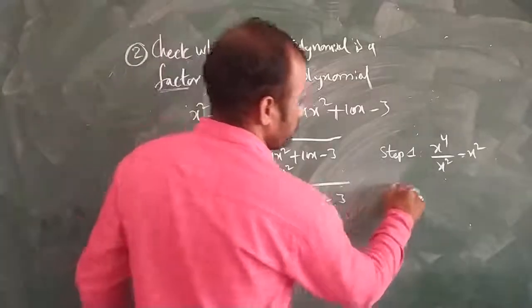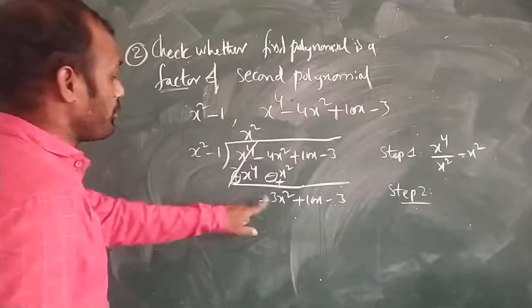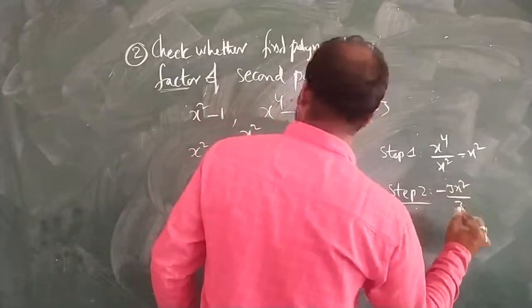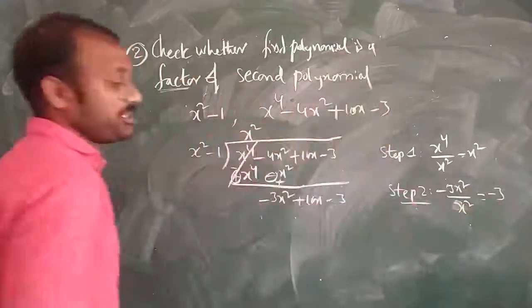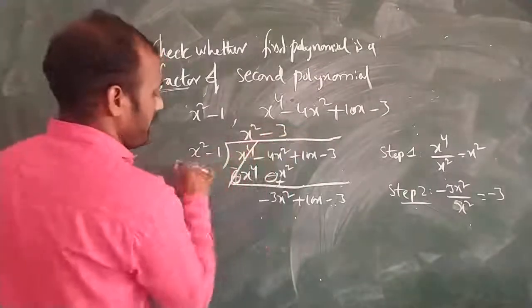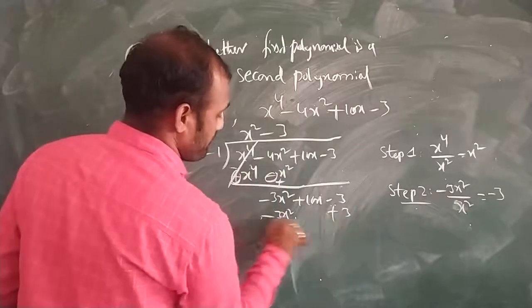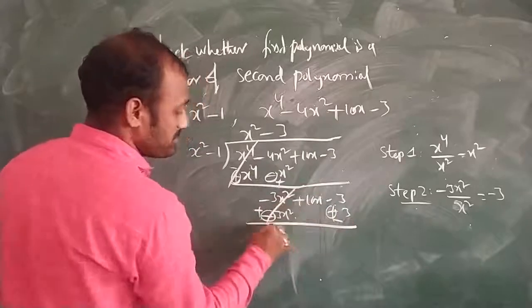Let us see step 2. In step 2, minus 3x square divided by x square gives minus 3. Minus 3 times x square is minus 3x square, and minus 3 times minus 1 is plus 3. So minus will become plus, plus will become minus.